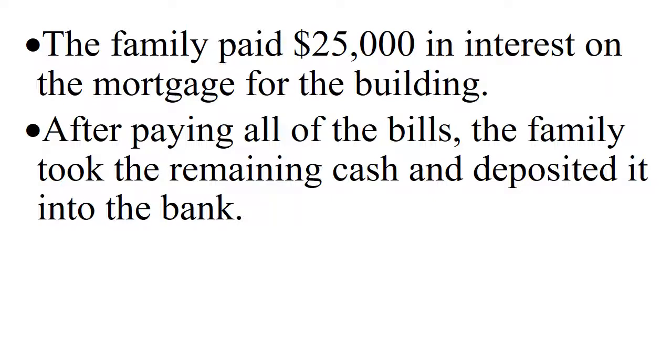The Santa Cruz family paid $25,000 in interest on the mortgage for their building, and after paying all of the bills that year, the family took their remaining cash and deposited it into the bank. Now you should be able to figure out what the remaining cash is by adding and subtracting and filling in the holes.